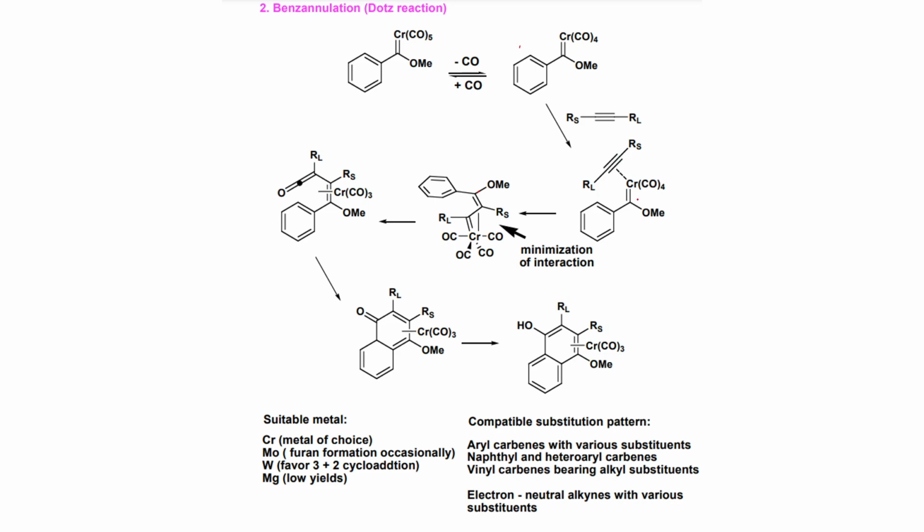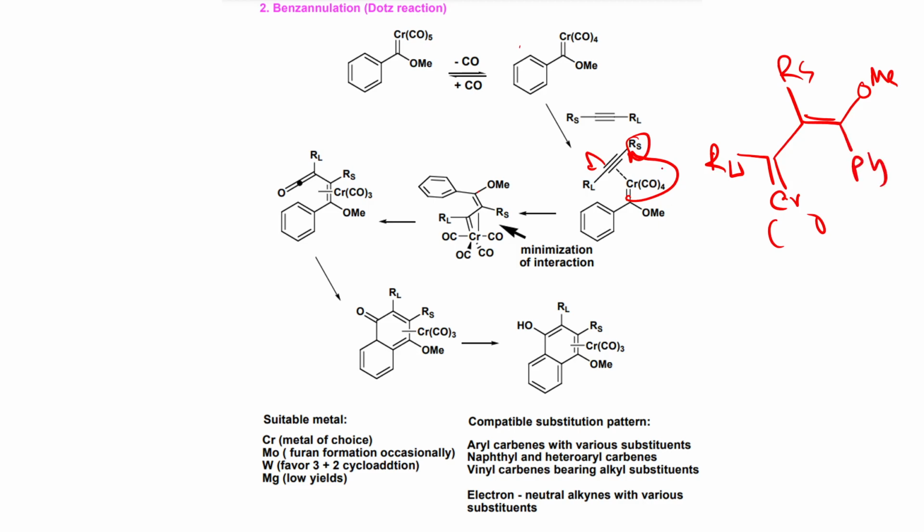This shift occurs in the smaller, relatively smaller unit. So that's why you now have the large unit here, chromium, and here you have this kind of unit. This kind of shift happens, minimizing the interaction.